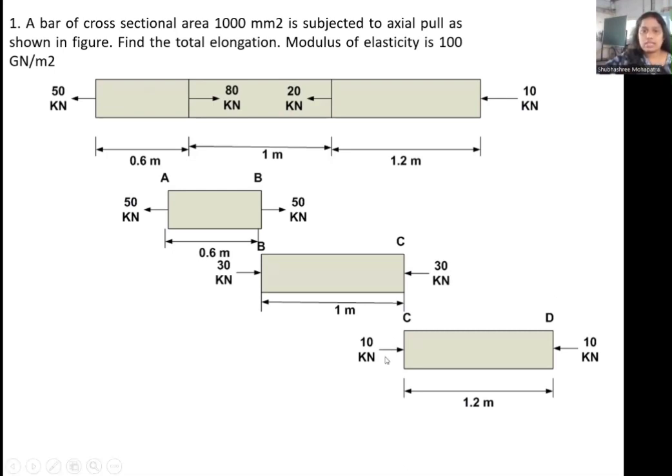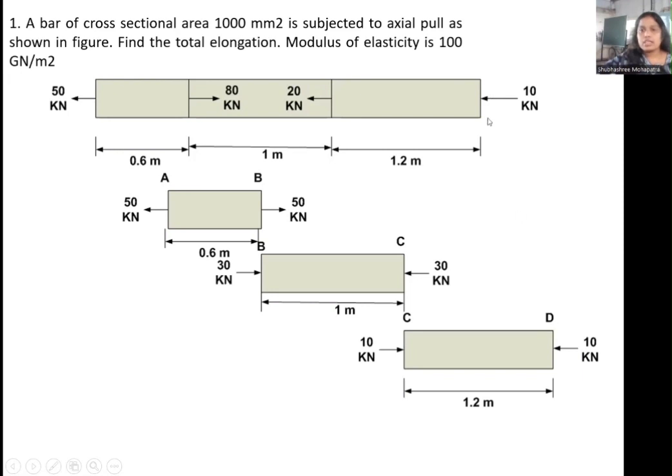In this direction it is 30, and in this direction it is 10. So 30 minus 10, that is 20. So 20 kilonewton will be towards the left side, which is given in the question.